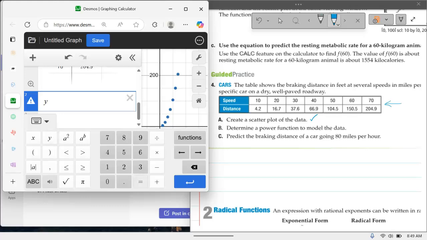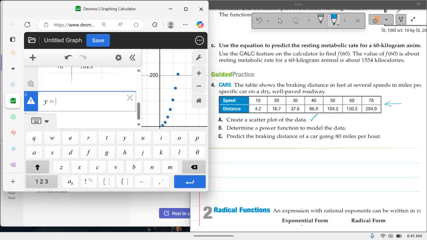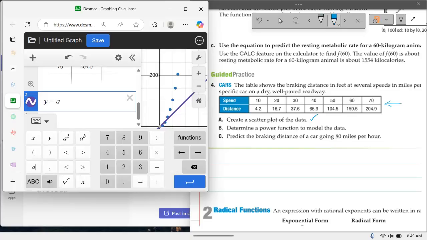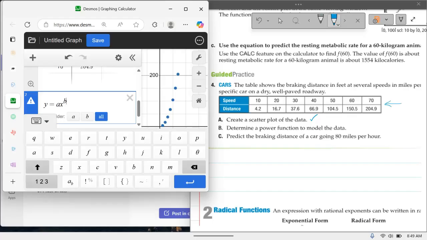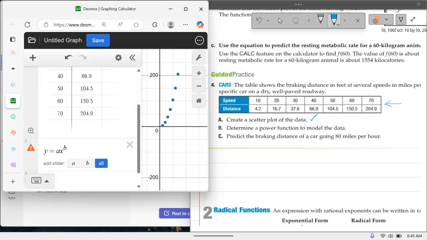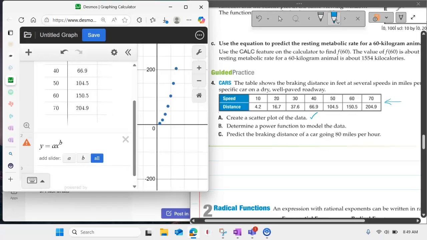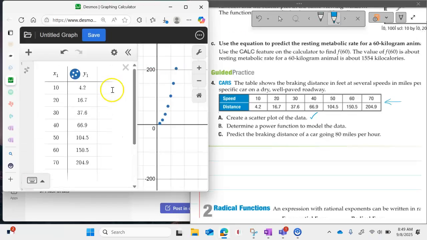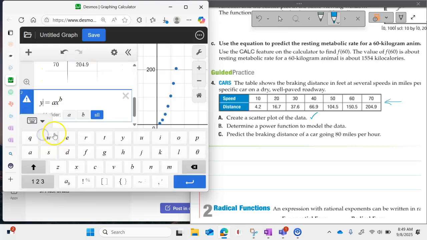Y equals A x to the b. Now, it doesn't do what I want it to do there, and I get this exclamation point because there's too many variables happening. What we really need to do is reference this table right here. Notice this table is x1, y1. So right here, I can't just say y, I need to say y sub 1.